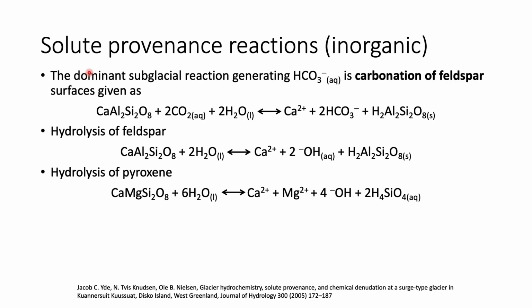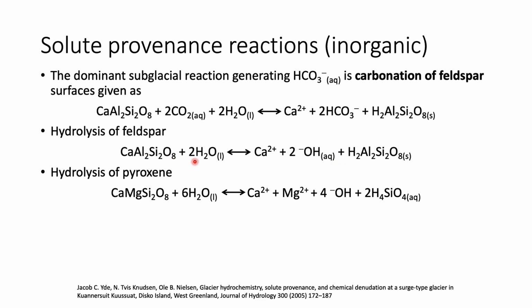When we look at the inorganic chemical reactions, the dominant subglacial reaction generating bicarbonate in the aqueous medium is carbonation of feldspar surfaces, as given by the reaction. Feldspar reacts with carbon dioxide and water to give Ca2+ ion, bicarbonate ion and aluminosilicates. The hydrolysis of feldspar is given by this particular reaction.